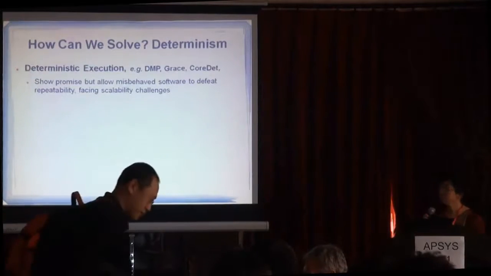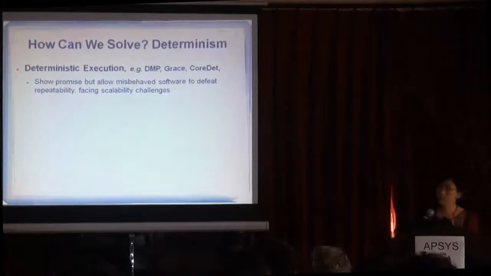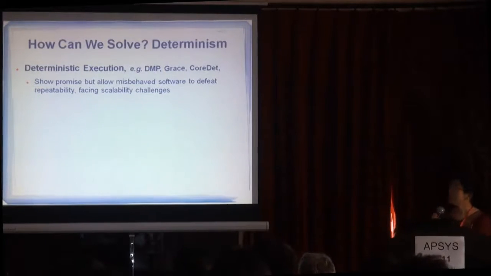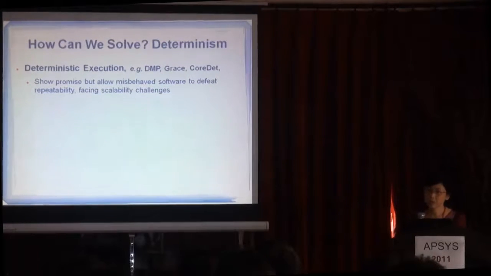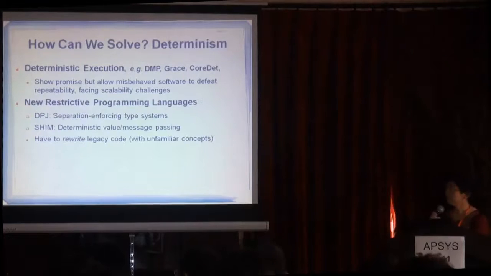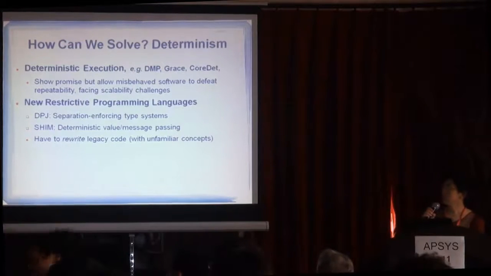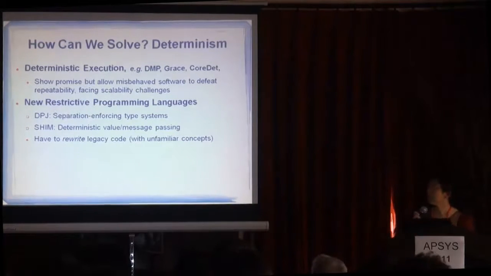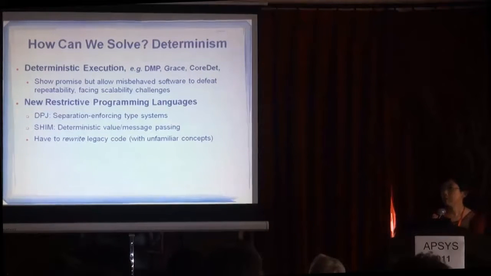How can we solve these problems? One promising way is to provide a deterministic execution or programming environment. Current deterministic execution methods such as DMP promise this but allow misbehaved software to defeat repeatability, facing scalability challenges.